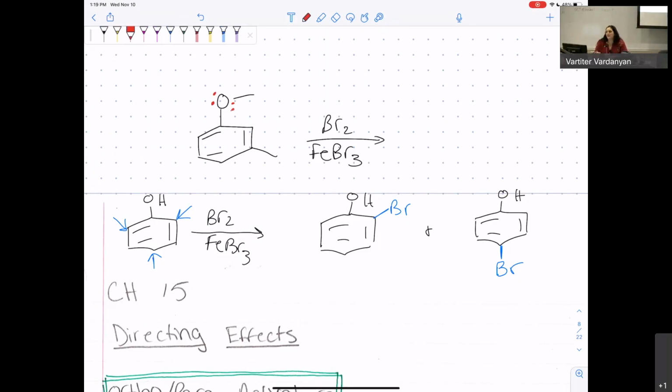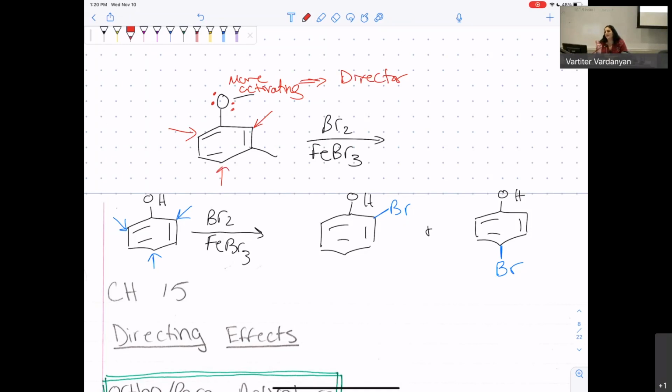So it can donate through resonance. So it is the more activating group. So that is the director. Where are we going to go in reference to the OMe group? Ortho or para? Cool. So we have ortho, ortho, para.